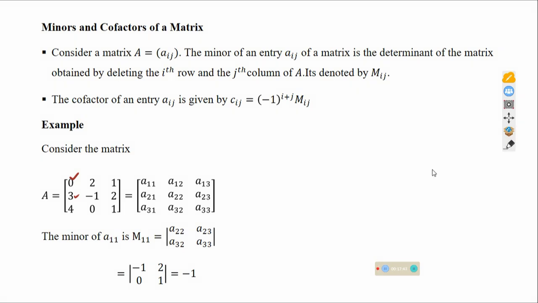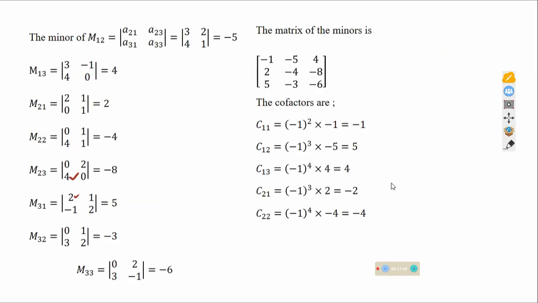So, looking at this one here, you can easily see that we have obtained all the minors and all the cofactors. So, these are the minors we have obtained, and we can easily form the matrix of the minors. So this one here is M11, this is M12, this is M13.